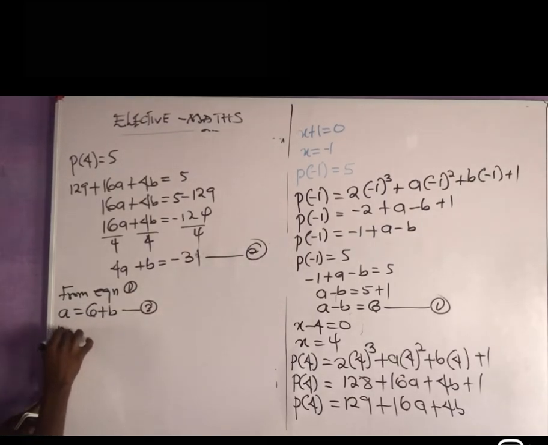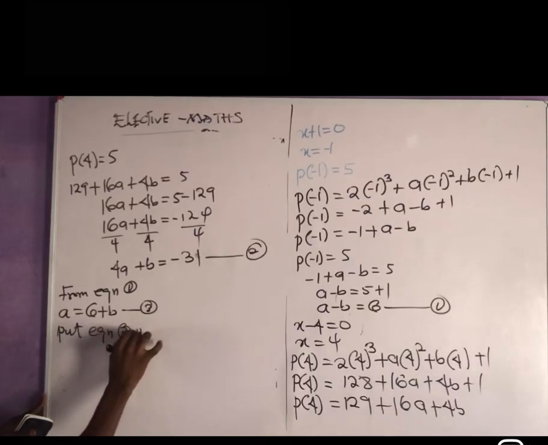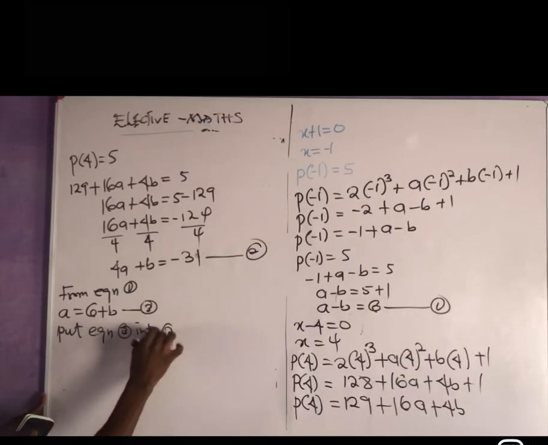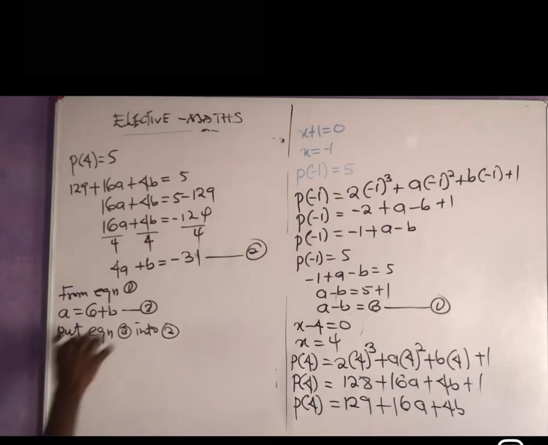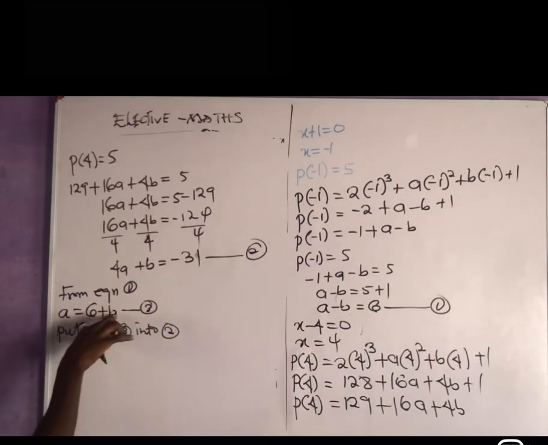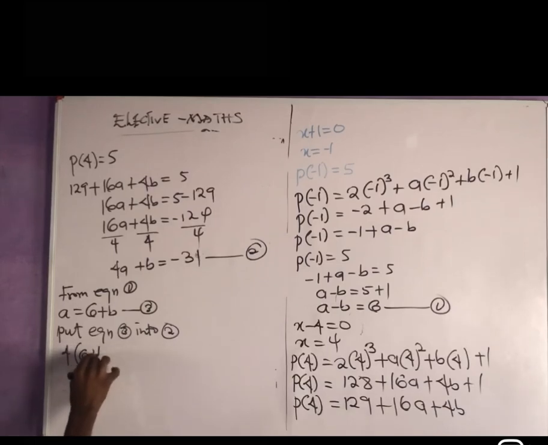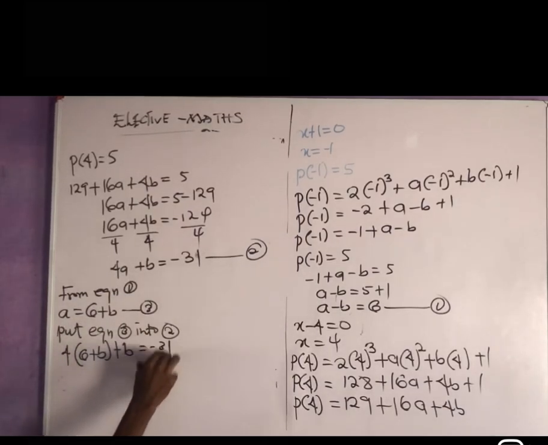Now let's put equation 3 into equation 2. So this is our equation 2. This a is replaced by 6 plus b. So I have 4 times 6 plus b, plus this b equals negative 31.